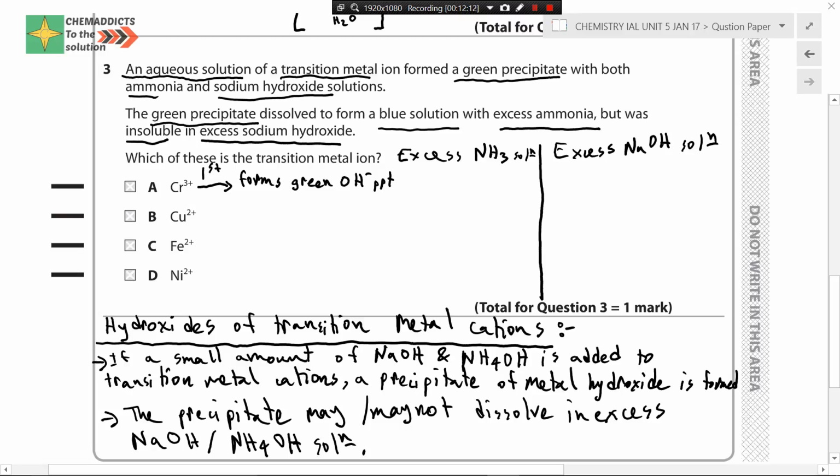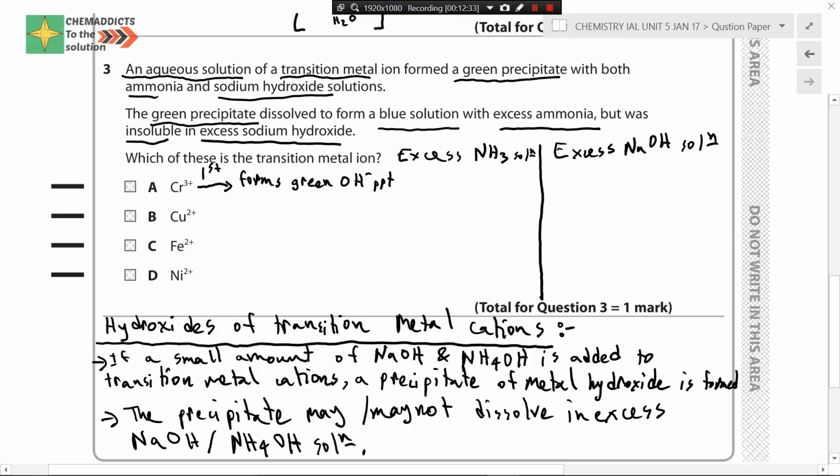We haven't added excess ammonia solution or excess sodium hydroxide solution up till now. First we have just reacted chromium 3 plus ion with ammonia and sodium hydroxide solution, just like that.